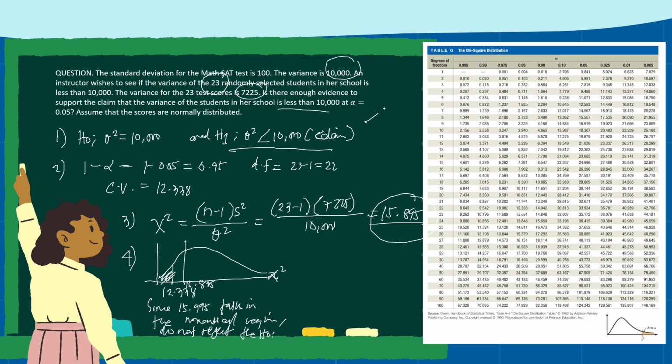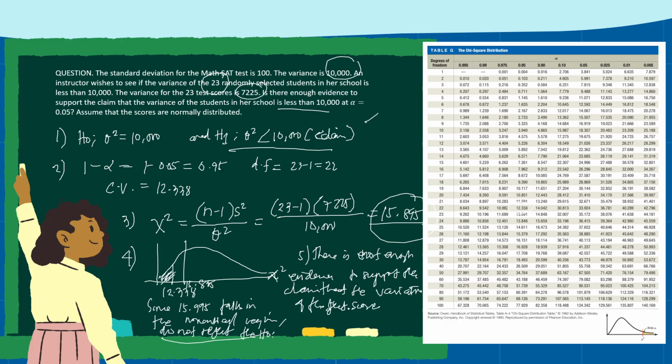Since our claim is H1 and we do not reject the null hypothesis, the statement should start with there is not enough evidence to support the claim that the variation of the test scores is less than the population variance.